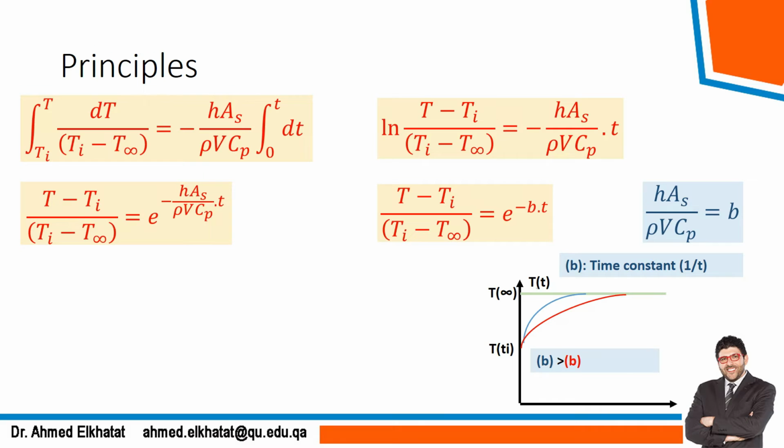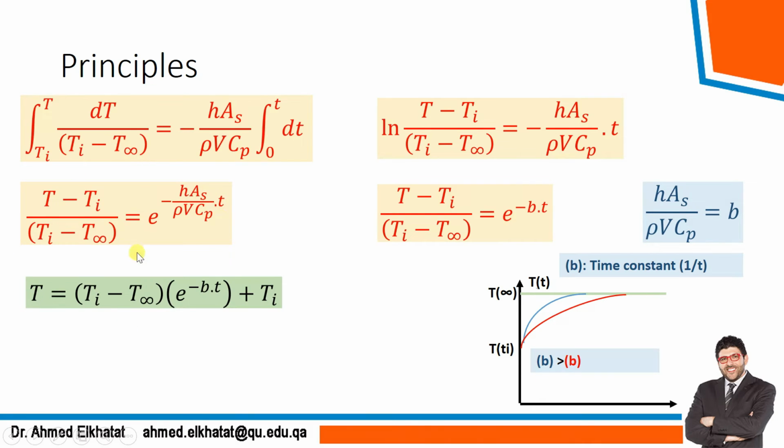How can I apply these equations? I can use either the ln form or the exponential one, based on what value I want to determine. If I want to determine the temperature, I use the exponential one: temperature equals Ti minus T infinity times e to the power of minus bt, plus T infinity. This determines the temperature at any time, so if the time is given, you can apply this equation.